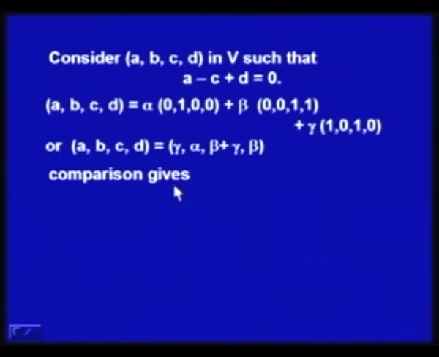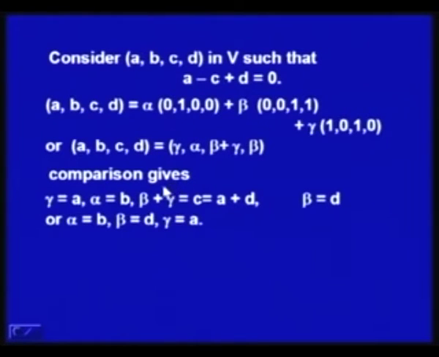Now, comparison gives gamma is equal to A, alpha is equal to B, C is equal to beta plus gamma and beta is equal to D. Now, C is also A plus D from this constraint.